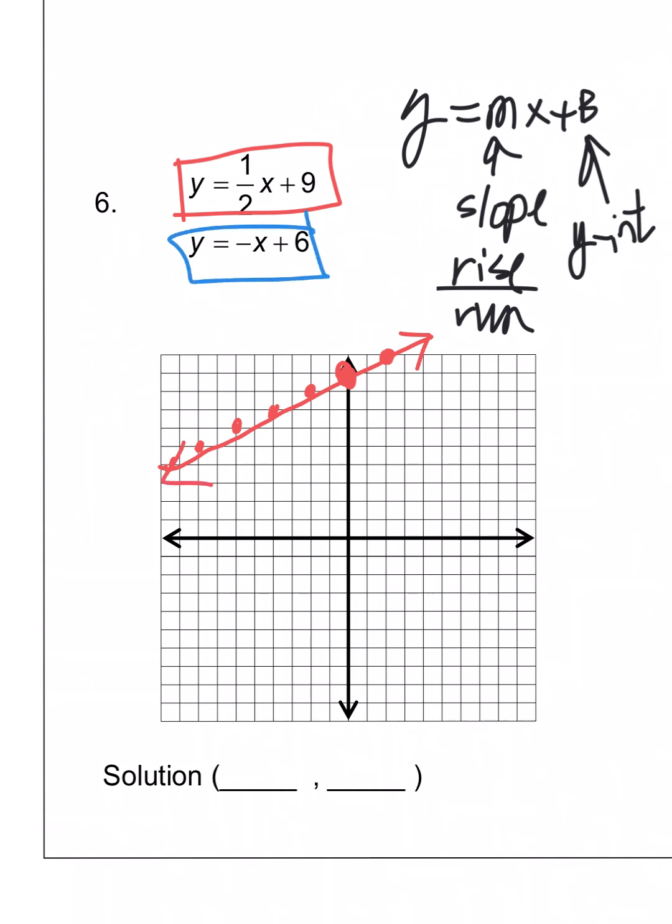And then for this one, we have a y-intercept of 6, 1, 2, 3, 4, 5, 6, and then a slope of -1 out front. Note, if it's negative x, the same as -1 is a fraction, that's -1 over run, which means we rise -1, which is down 1. So I'm starting here, I go down 1, and then I'm going to do my run, which is a +1, which is to the right, so I go down 1 over 1, and then I can go ahead and graph that point.